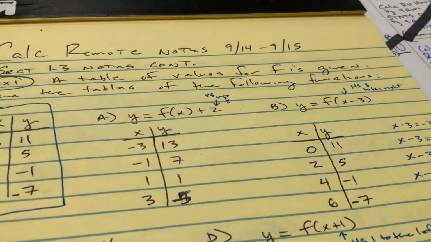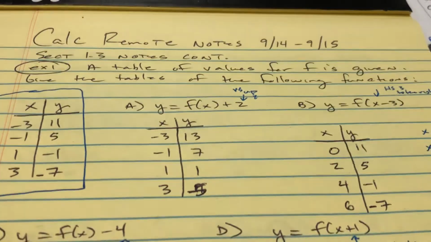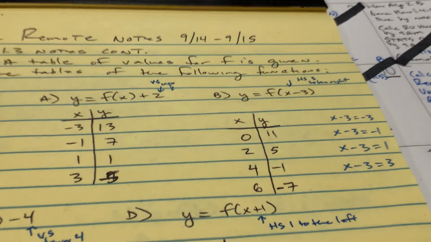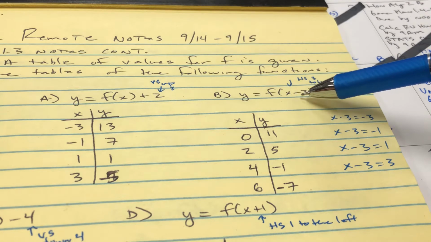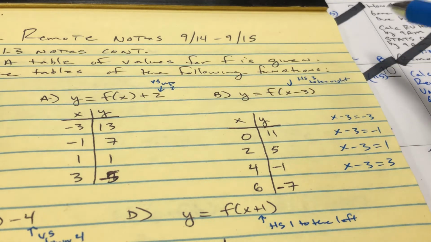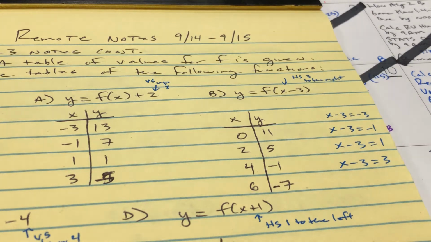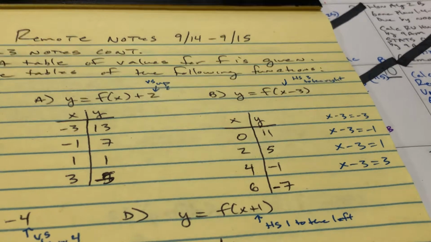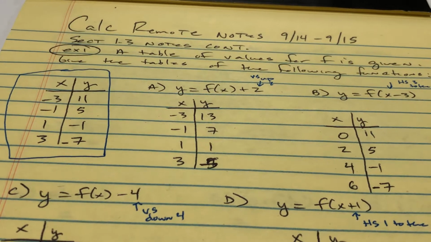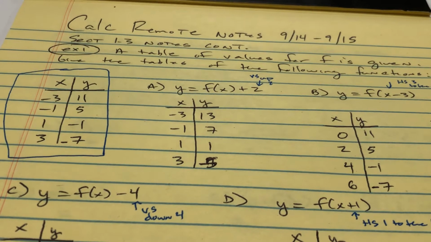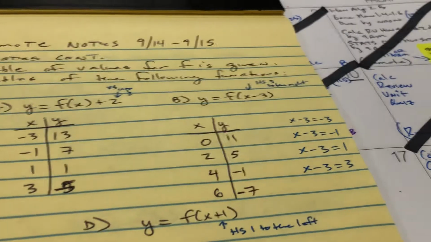On B, this time we have a horizontal shift. It's on the inside here with X. It's a horizontal something, and it's a shift to the right. Set X minus 3 equal to those original X values. Set X minus 3 equal to -3, X minus 3 equal to -1, X minus 3 equal to 1, and X minus 3 equal to 3.